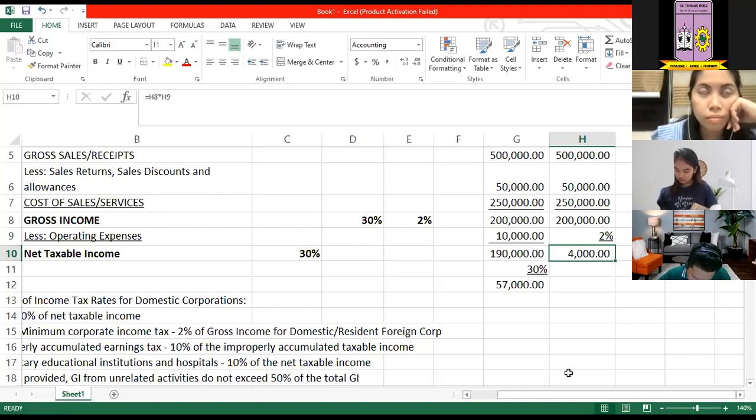Unusual siya for a business to exist for a period of 4 years and yet nag-incur siya ng losses or lesser income. So, paano siya nakaka-survive ngayon, 'di ba? Kaya ngayon, it's time na for the state to impose the 2% minimum corporate income tax to make sure na talagang true at saka tama yung dinideclare ng taxpayer.